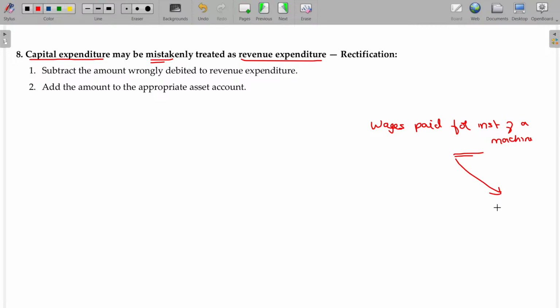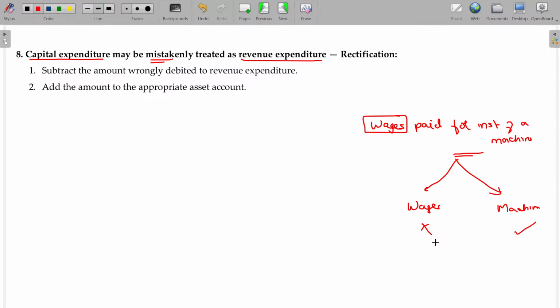Usually this cost will be addable with the machine, but we get tempted to write this being expenses as it is named as wages. So, which is the correct one? Showing this as a part of machine is correct, not being the wages. Is that okay?